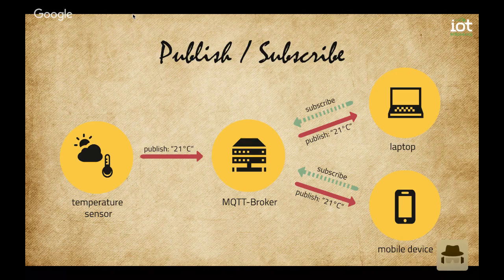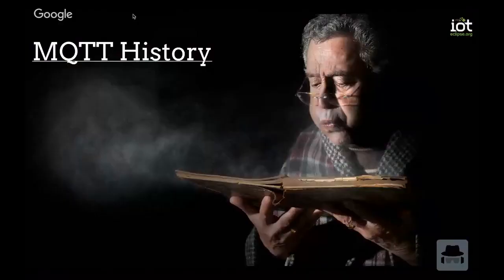So all of these devices which talk to the MQTT broker are connected all the time. So this is a difference to other protocols like HTTP, which typically close the connection after doing meaningful stuff. With MQTT, you have an always-on experience. Okay, this was a quick refresher.